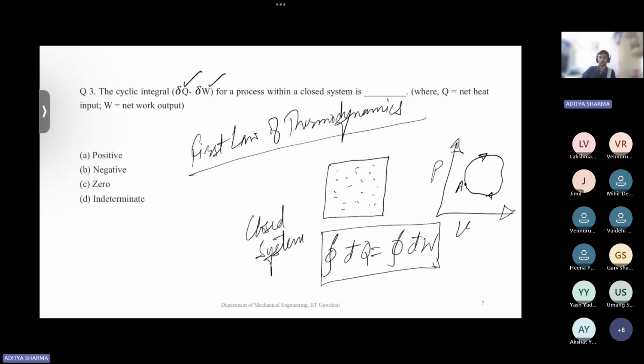So this will be the equation for your cyclic process. Okay. So option C will be the correct one. Then moving on to the next, C is the correct option.